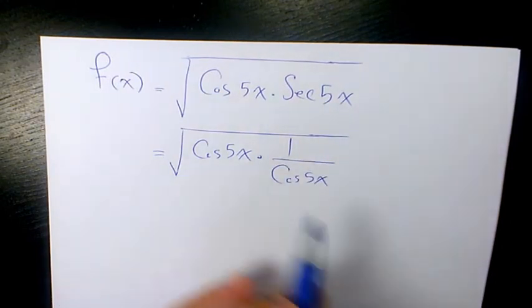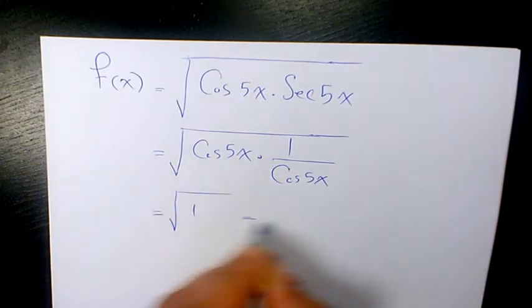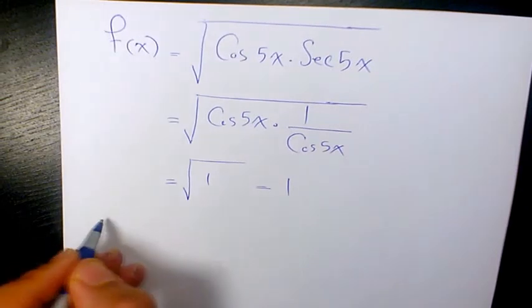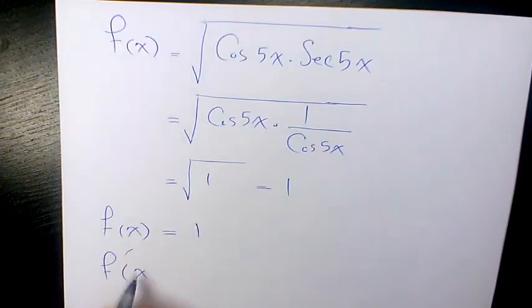Cosine 5x over cosine 5x is going to be 1. Square root of 1 is going to be 1. So f of x is 1. So f prime x is going to be, for any constant number, 0. So as you see here, it is much easier to use a little bit of trigonometric identities before we start differentiating the function.